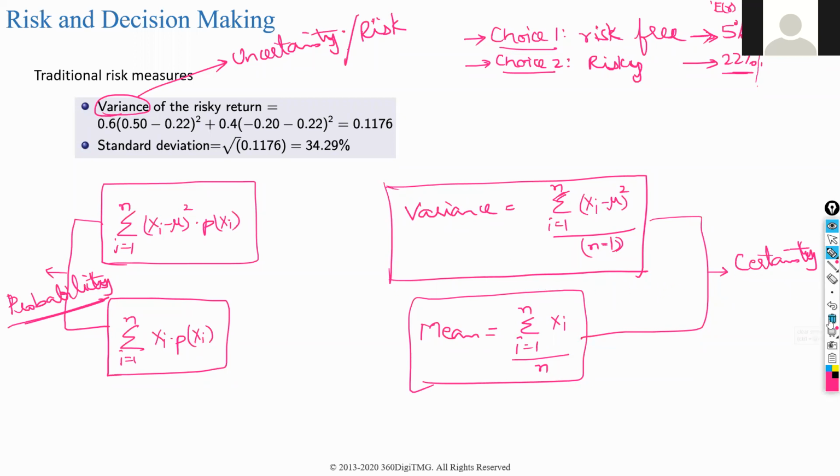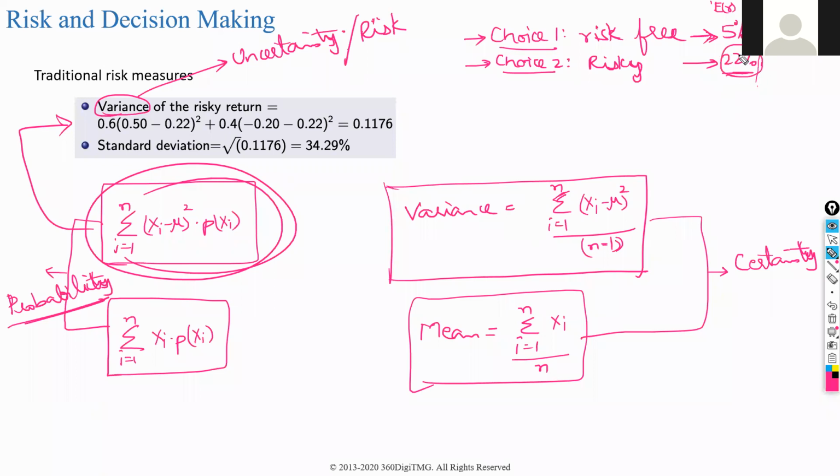So if I apply this variance formula here, it is 0.6 into (0.5 minus 0.22) whole square plus 0.4, 40% probability, into (minus 0.2 minus 0.22) whole square. This is xi. This is mu.